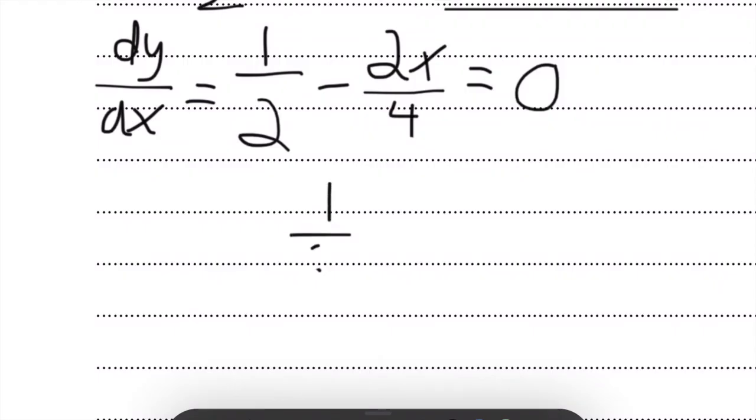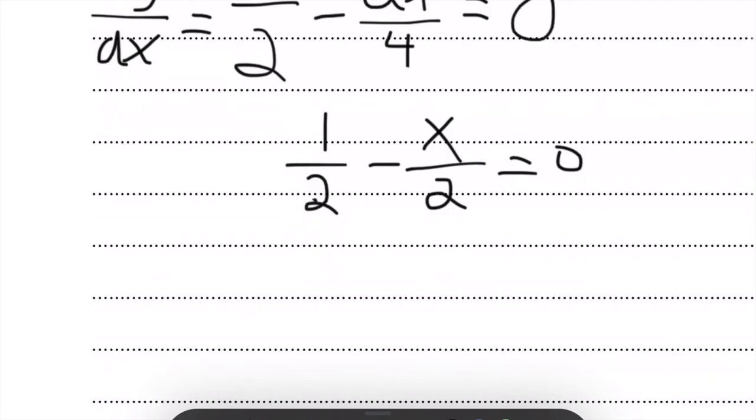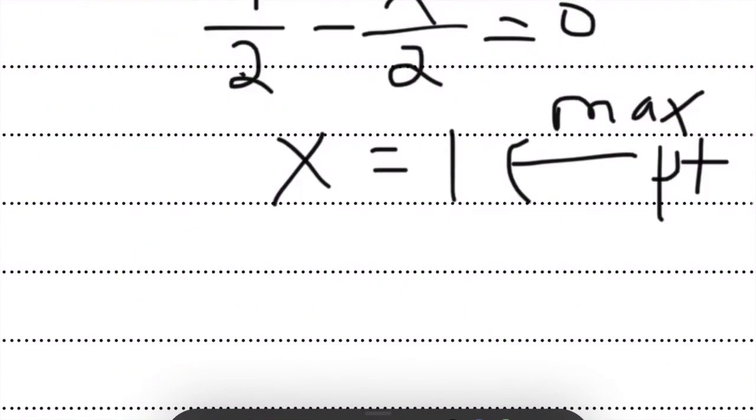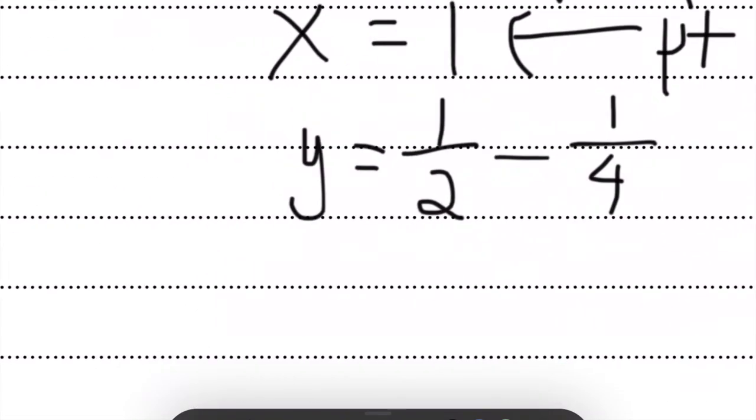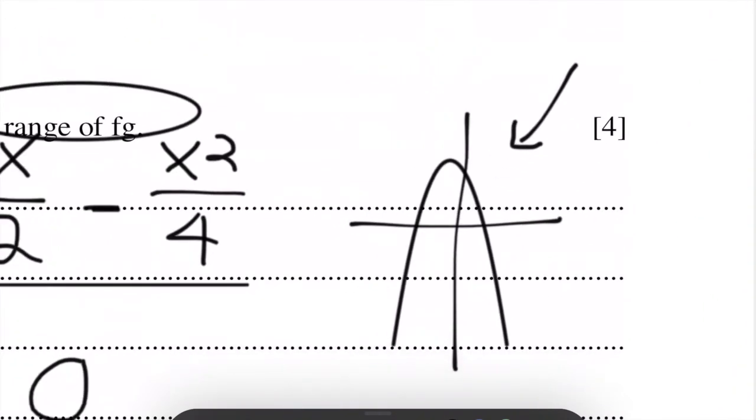We get half minus half of x is equal to 0. x is equal to 1. So the y-coordinate for this is half minus a quarter, which is a quarter. So we know that the point here is a quarter.